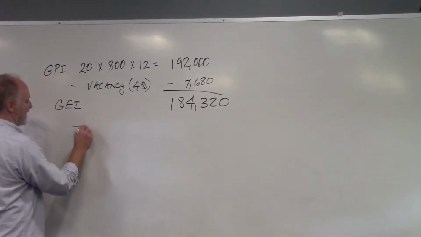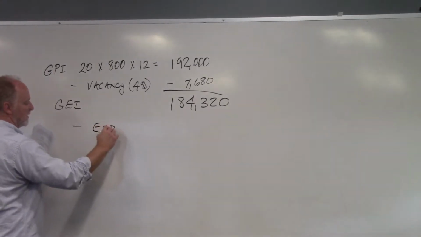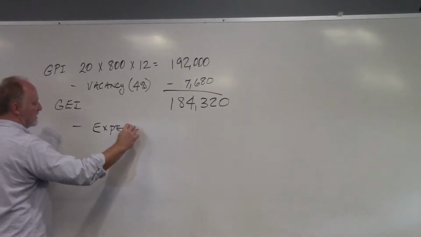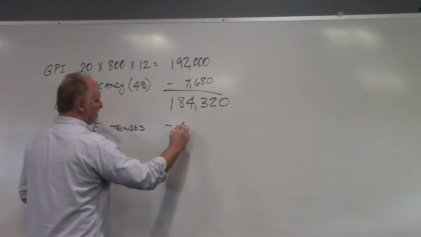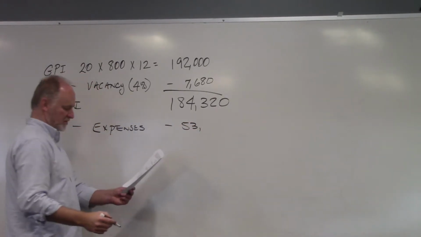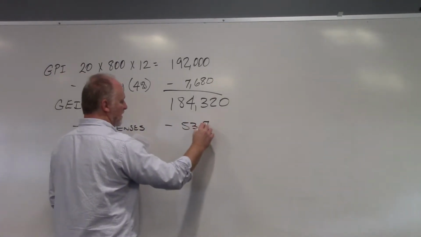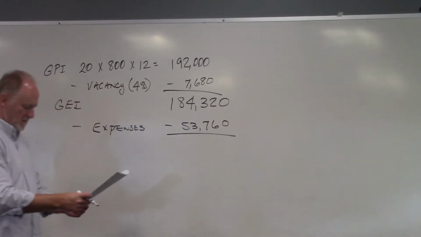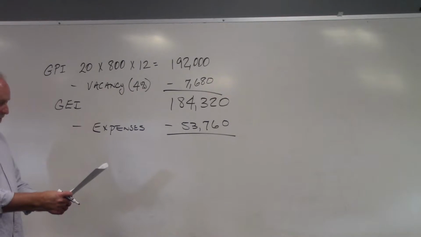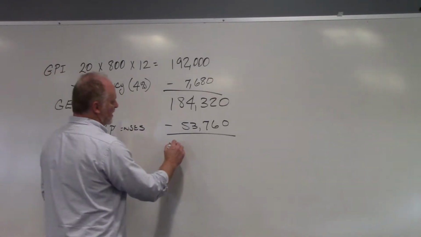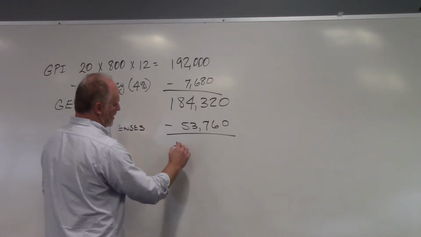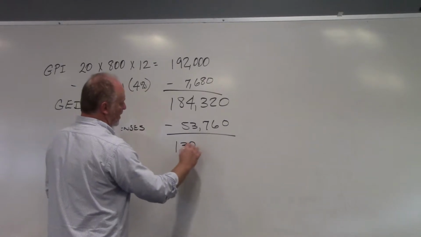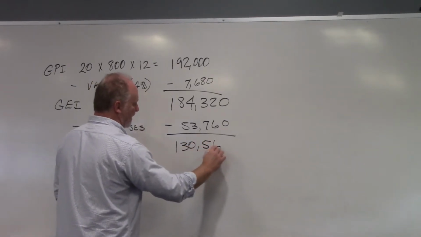So I'm going to subtract expenses, minus $53,760. Did I miss anything, or are those all the expenses? Okay. So what does that number come out to be? 130,560. 130,560.